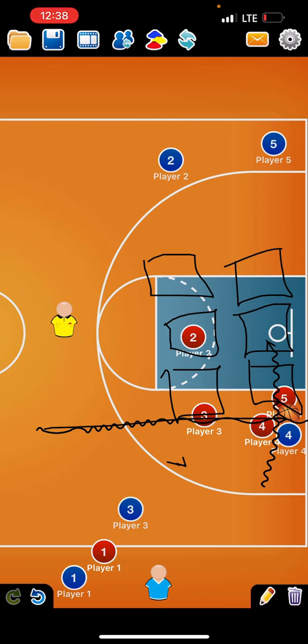What does 2 do? 2 is here, 2 is in the lane line, 5 left to help and stop ball. What does 2 have to do? Well, we know that these squares are the hot spots in a game of basketball, meaning they're the best places for the offense to attack and score the basketball.